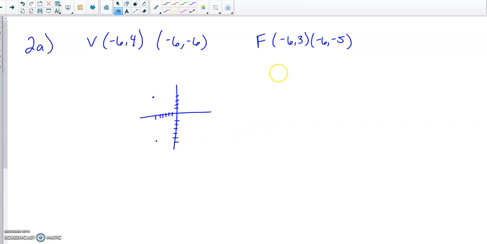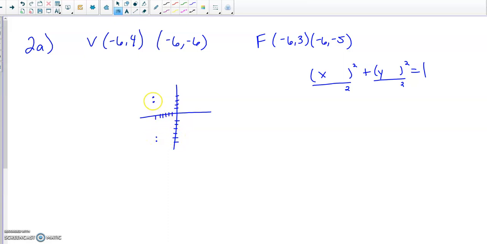Okay. So just an FYI, remember for an ellipse, it's going to look like this. Now, and then the other one, -6 and 3 and -5. 1, 2, 3, 4, -5.